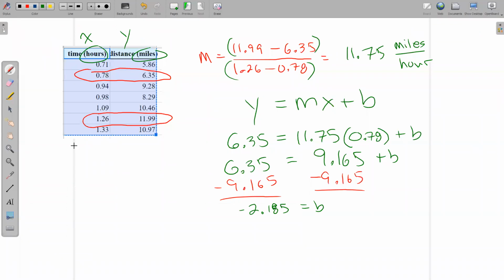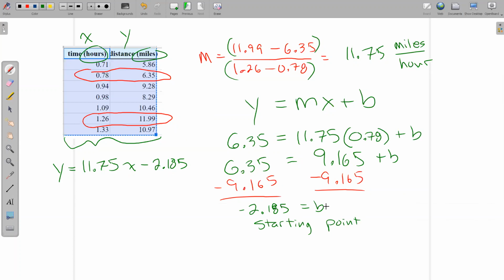So altogether, I think the equation for these points right there that kind of goes through the middle of them is y equals 11.75x minus 2.185. Now, remember here, this is supposed to be the starting points.